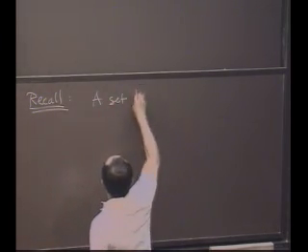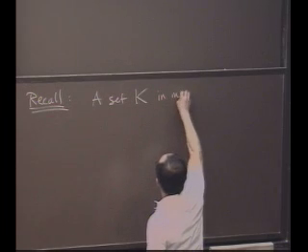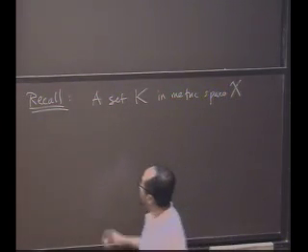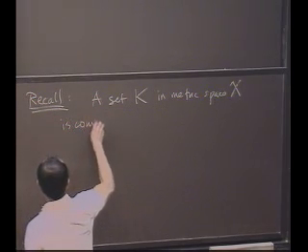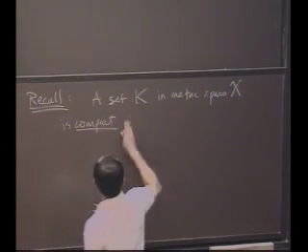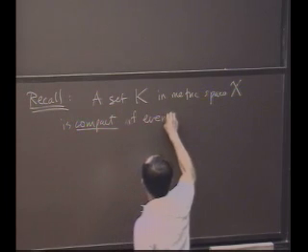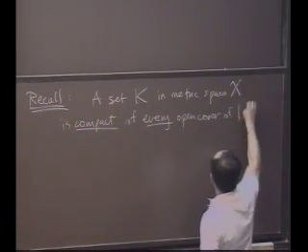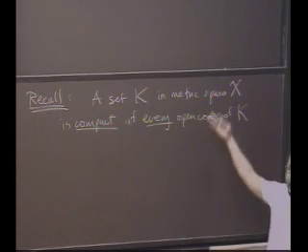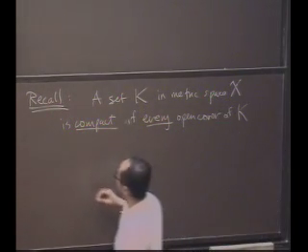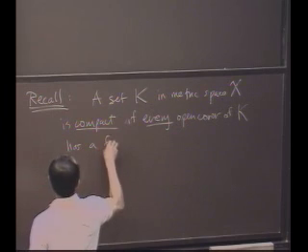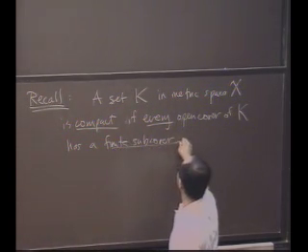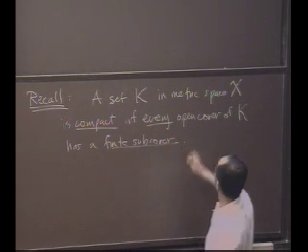So a set K in a metric space, let's say X, is compact if every open cover of K in X has a finite subcover.